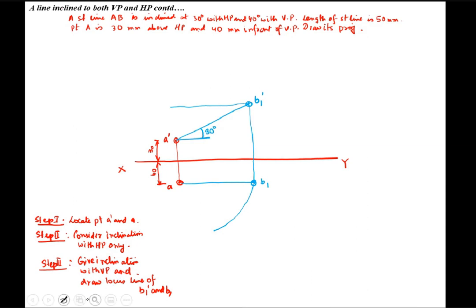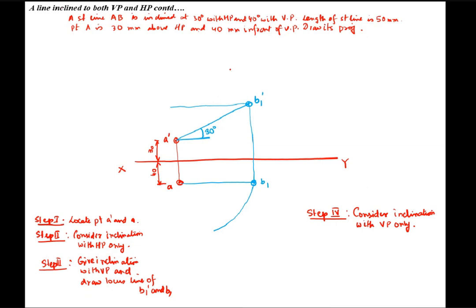Now coming to step 4. Consider inclination. Mind you, whatever I am drawing with this blue color, that will be thin continuous. So now consider inclination with VP only.